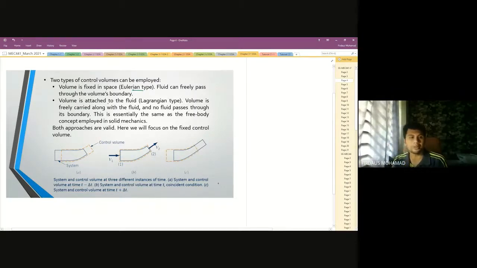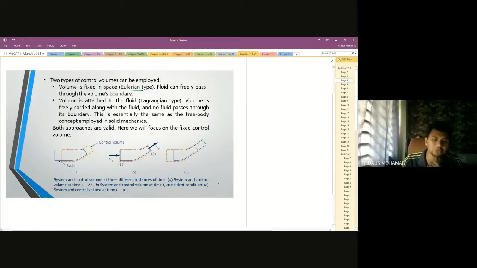Okay, and then volume is attached to the fluid, which is Lagrangian type. Volume is freely carried along with the fluid and no fluid passes through its boundary. Yang ni dia attached to the fluid, maknanya dia bergerak ikut fluid. So this is essentially the same as the free body concept employed in solid mechanics.